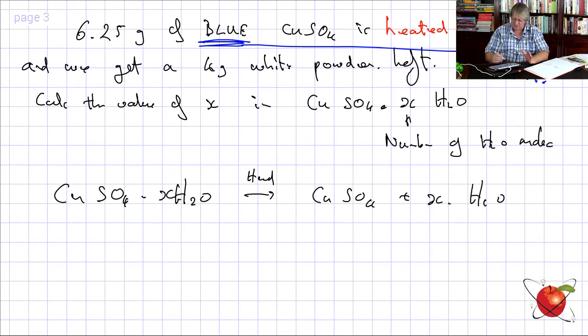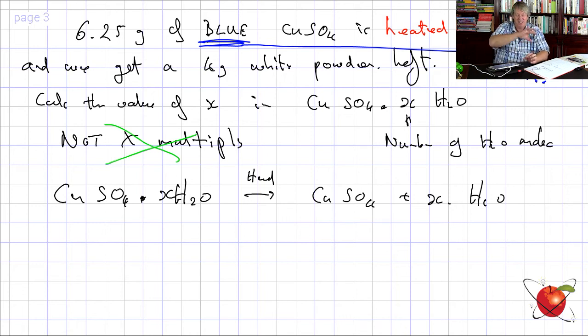What is this about? This dot there does not mean times. It is not multiply. It means that it's actually added on. It's like a plus. It's just stuck on the outside. So when we heat it, these ones over here drift off.